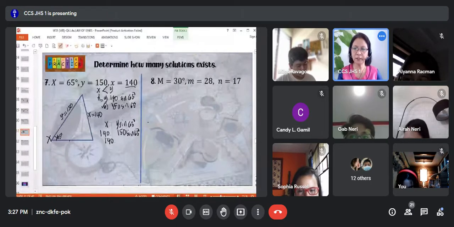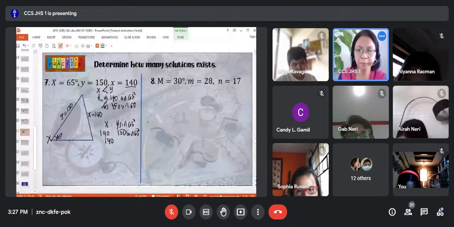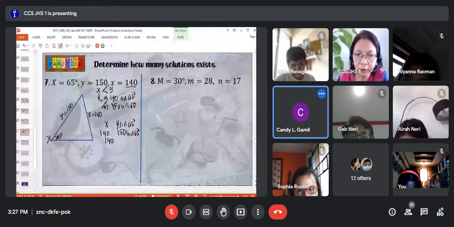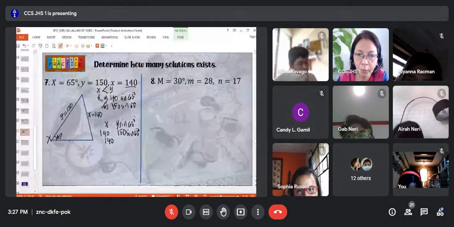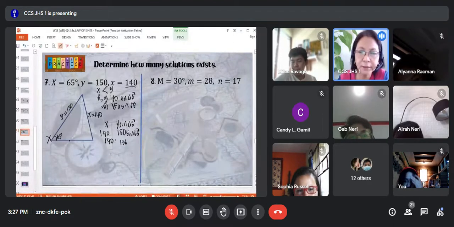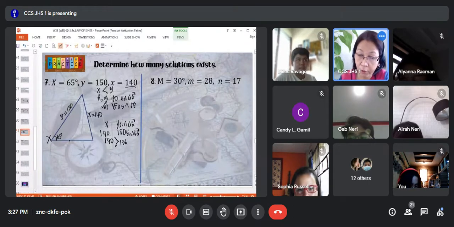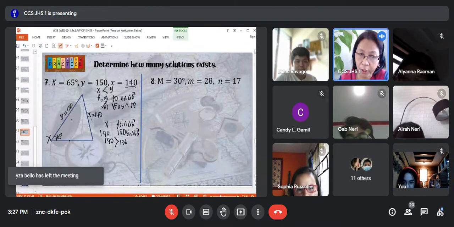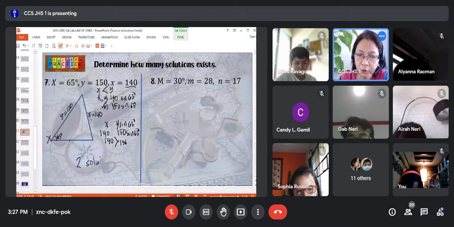How much is 150 sine 65 degrees? 136. Okay, lesser than or greater than? It is greater than. So if our x is greater than the altitude, then it has two solutions.